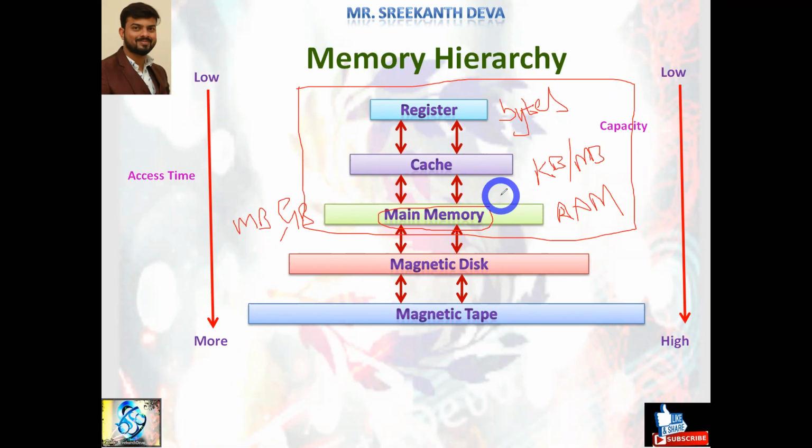It's nothing but temporary memory. Once power is off or the system crashes due to some problem, whatever data is stored in this area is going to vanish, to be lost. That's what we call volatile memory.